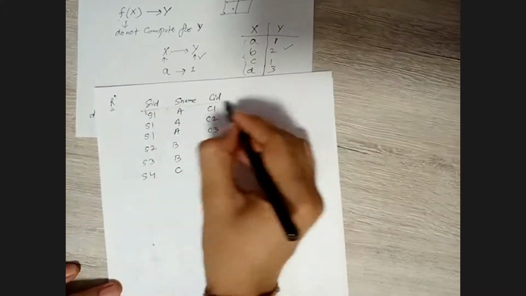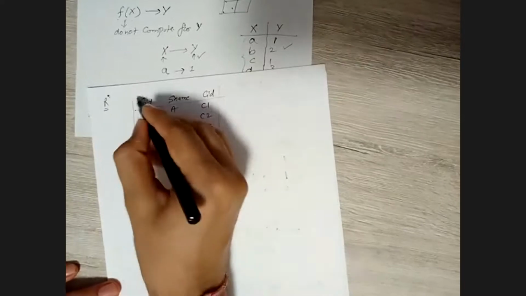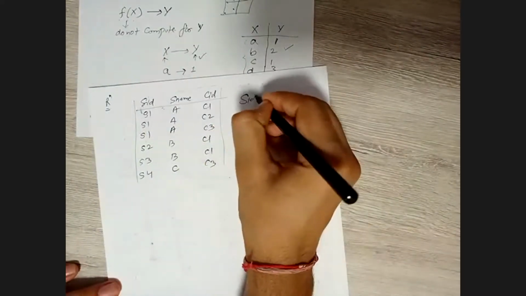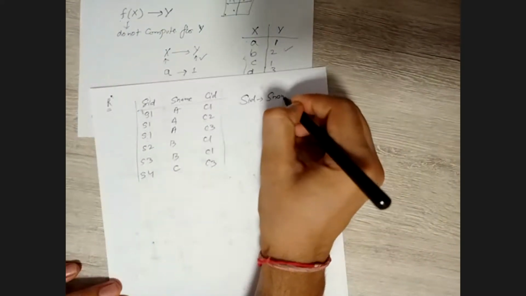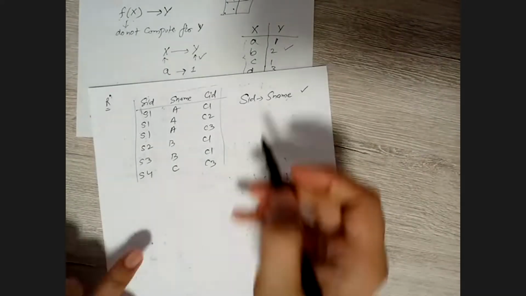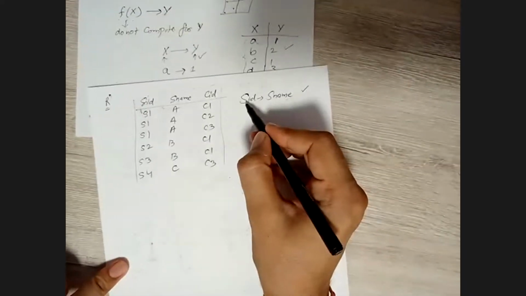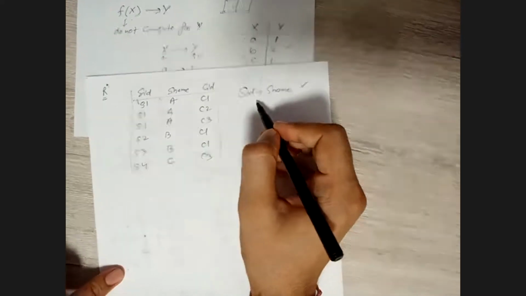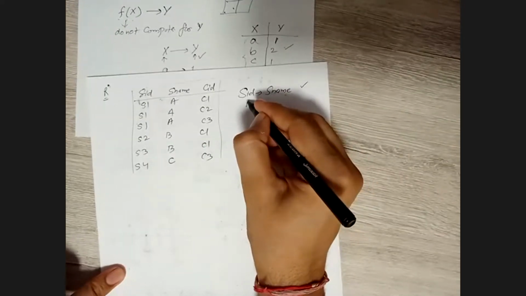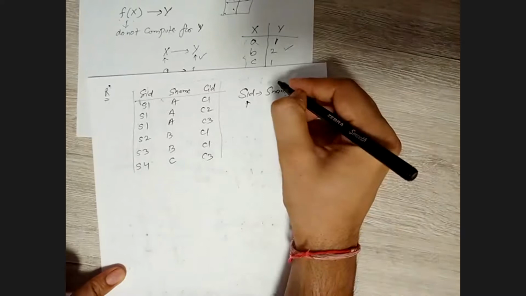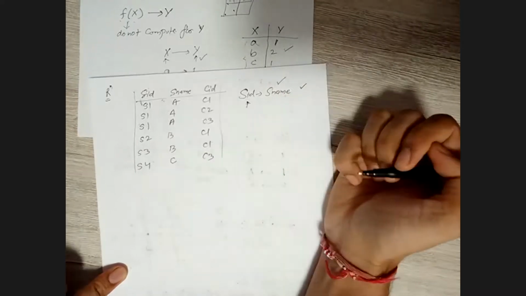Now I have given you a dependency: SID gives SNAME. You need to check whether this dependency is valid based on this database and its values. Understand the meaning of how I'm reading it: if you are given the value of SID, you can uniquely tell the value of SNAME.